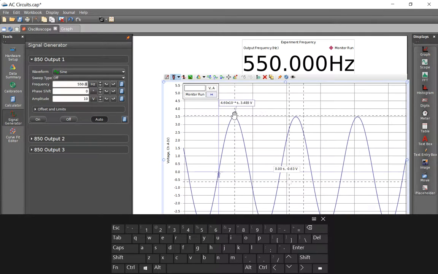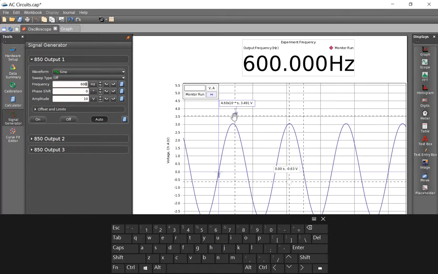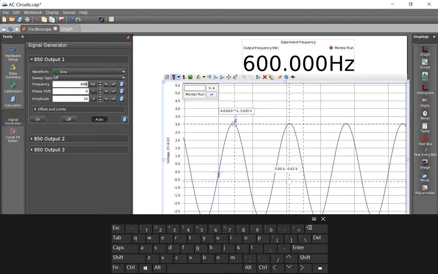At 550, it went back down, 3.49 volts. At 600, down some more, it is 3.05.